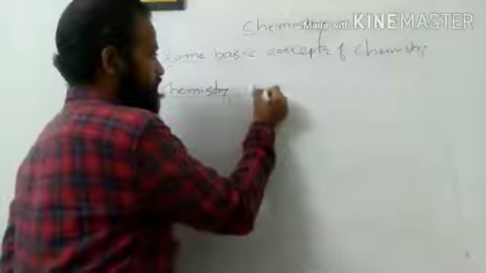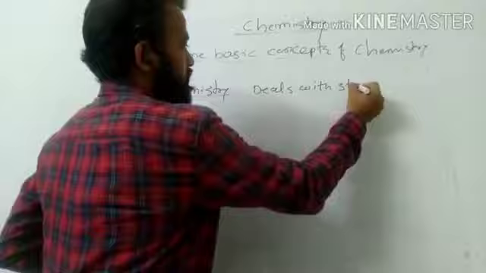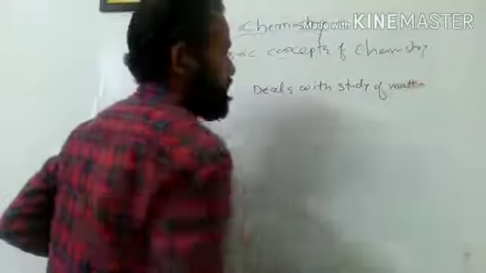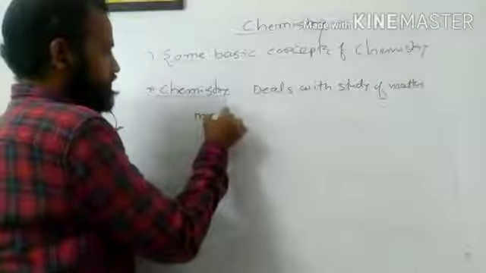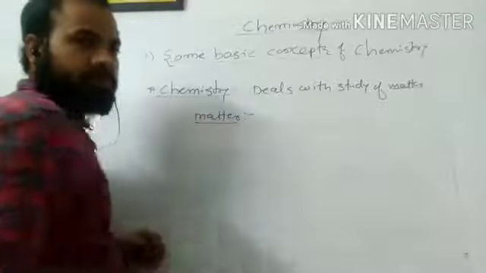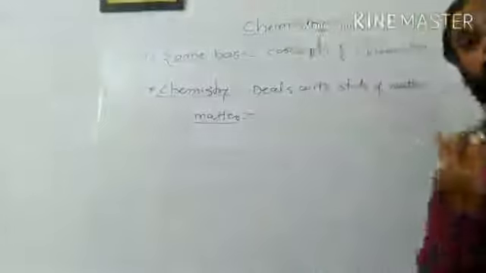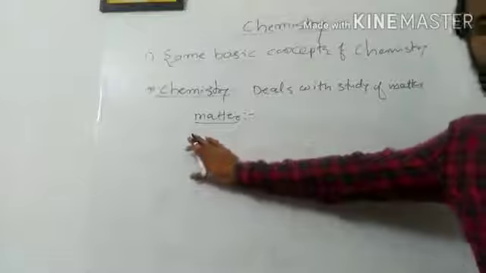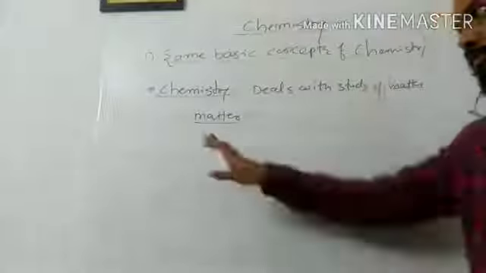Now the question arises, what exactly is matter and how do we define it? Matter is anything which has weight and occupies volume. That is called matter.